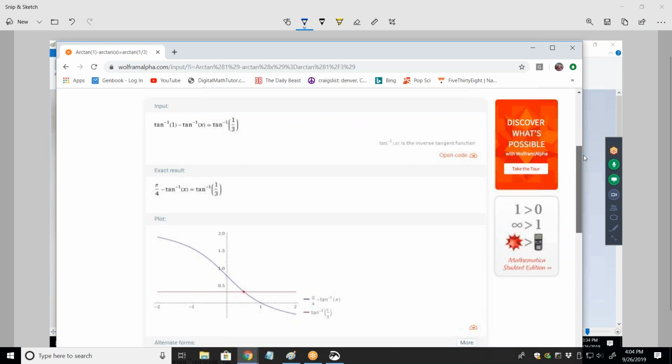They do it by graphing it. The blue curve is pi over 4 minus arctan of x, the left side of that equation. In other words, it's the graph of arctan x shifted up by pi over 4. Actually, the reflection of the arctan graph.